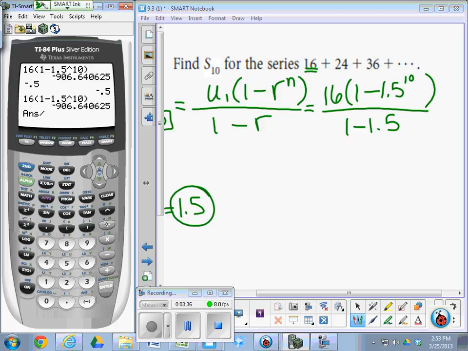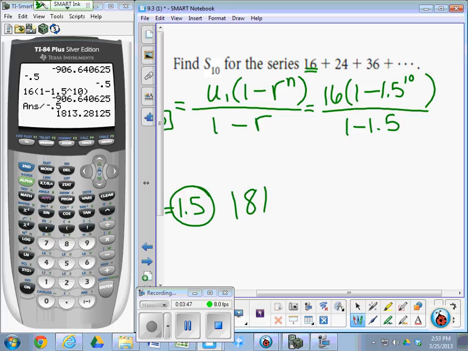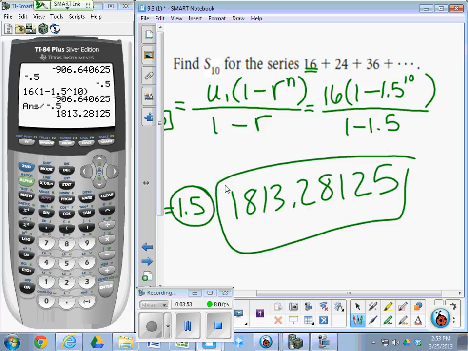Divided by negative 0.5. And you get 1813.28125. Does it make sense that this sum, the sum of 10 terms, has a decimal on the end?